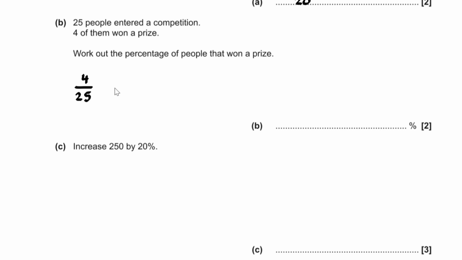Remember, percentage means out of 100. So what we are required to do is multiply both the numerator and the denominator by 4. 4 times 4 is 16. We have 16%.